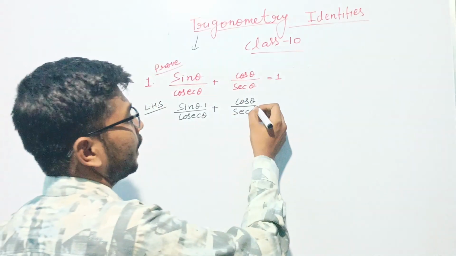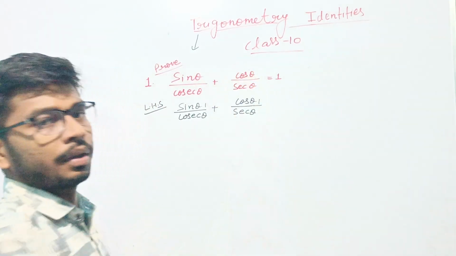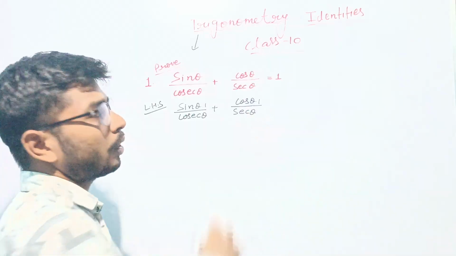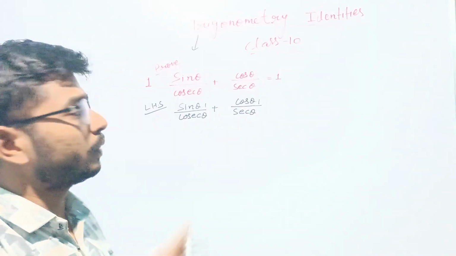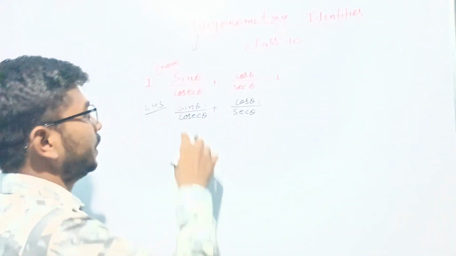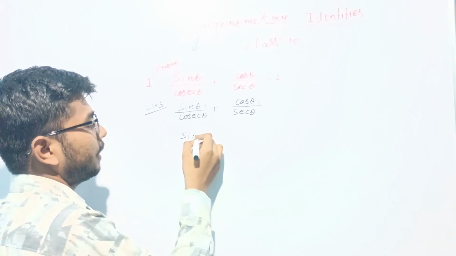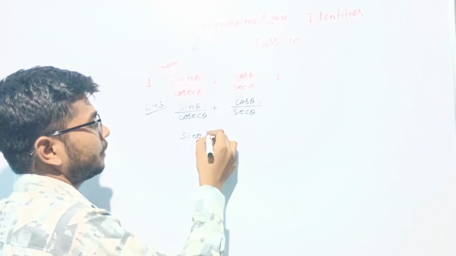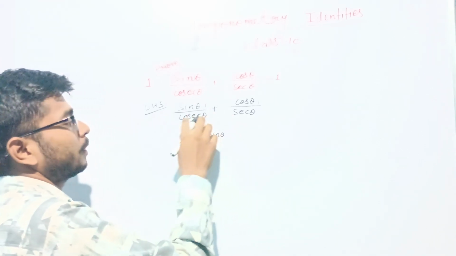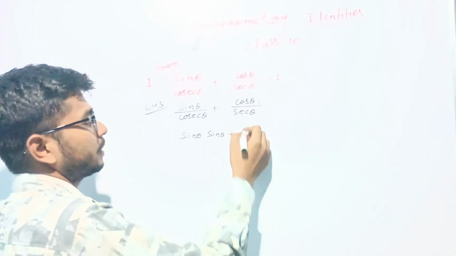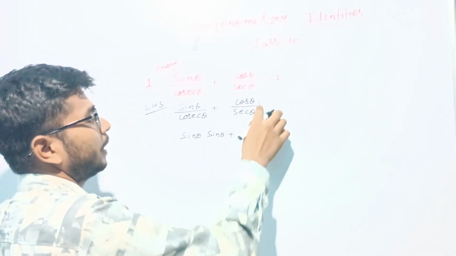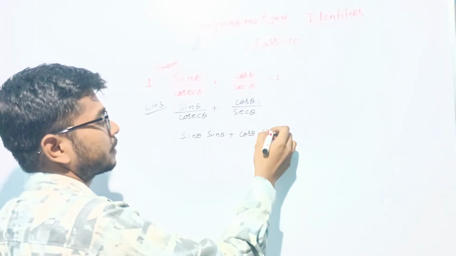Similarly here, just put 1. 1 upon sec theta, the reciprocal of sec theta, is cos theta. So there is already one sin theta, and 1 upon cosec theta is one more sin theta. Plus there is already cos theta, and 1 upon sec theta is cos theta.